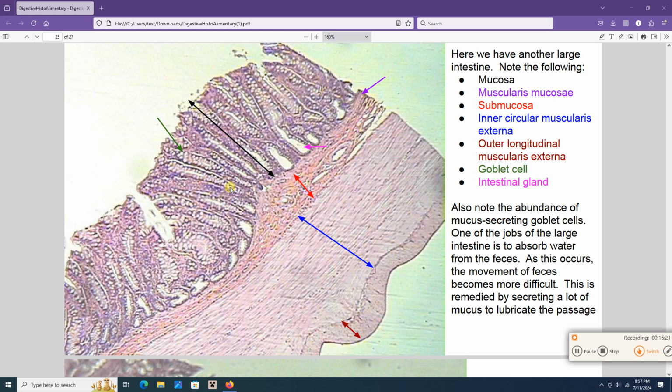And the more water we absorb from poop, the harder it is for the poop to move. So we mitigate that by having a lot of mucus secretion. And that mucus comes from the intestinal glands here, as well as the goblet cells. You can also see my nice submucosa and my two layers of my muscularis externa, inner circular, outer longitudinal.